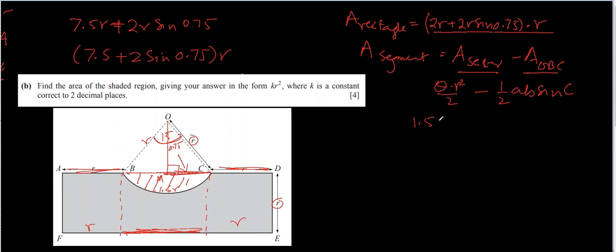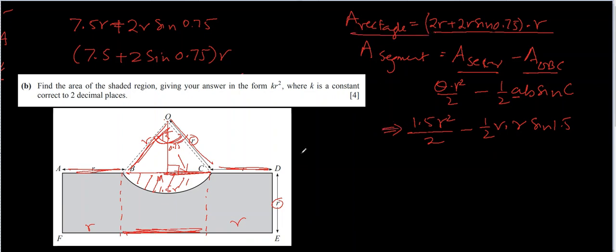Theta is 1.5, r square divided by 2, minus half times a side of the triangle, which is r, multiplied by the second side, which is r, and the angle between them is 1.5, so sine 1.5. Okay, so now this is the area of the segment we've got. So now we have to subtract this area of segment from the rectangle.